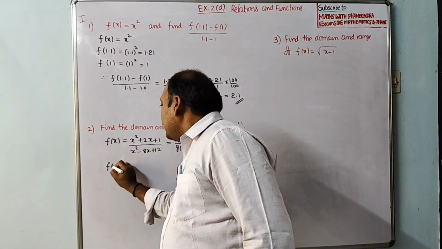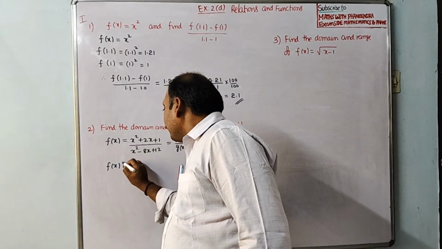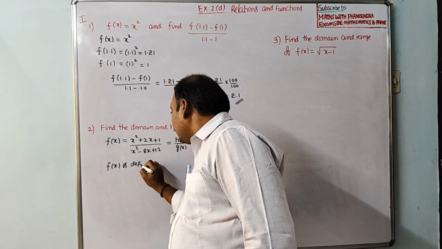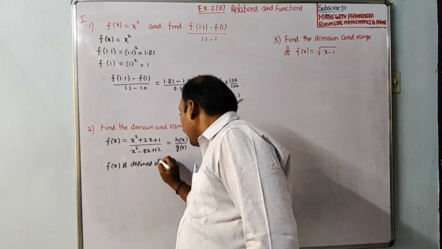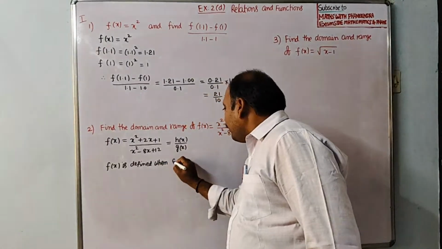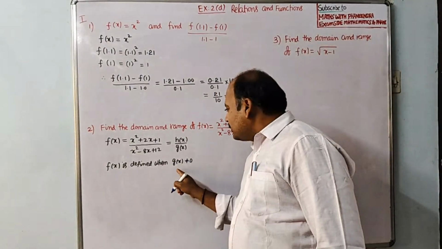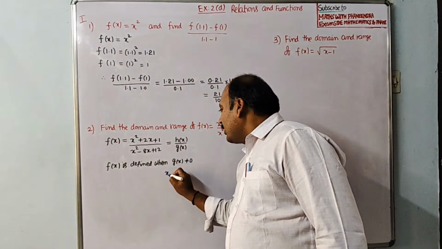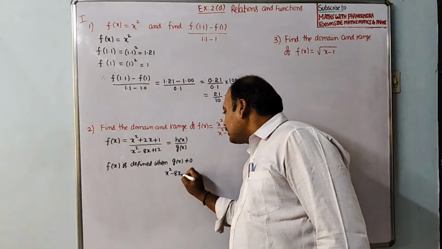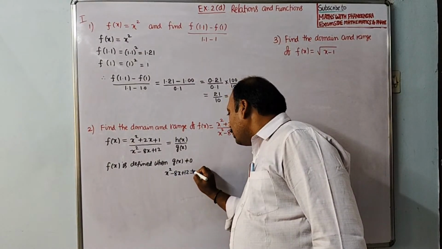F of x is defined when g of x is not equal to 0. So exclude those values. What is g of x here? x square minus 8x plus 12 is not equal to 0.